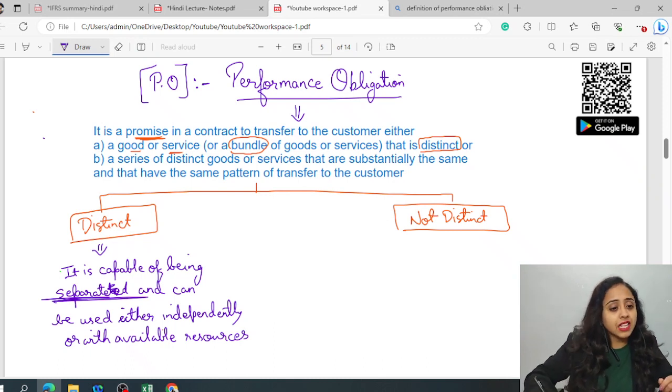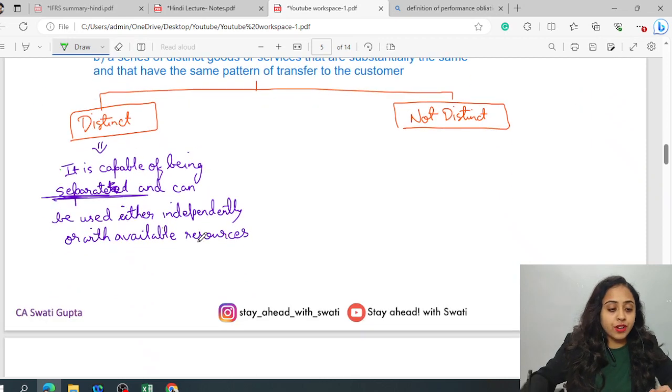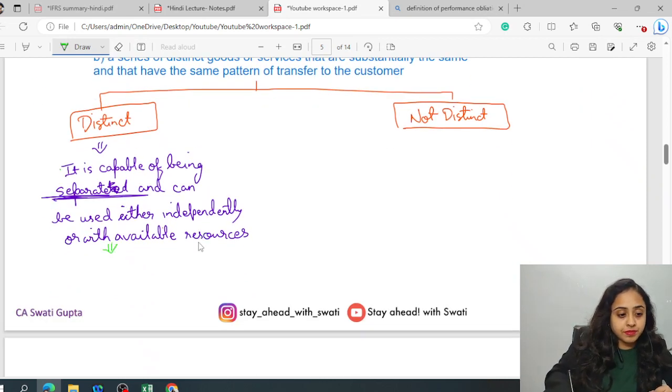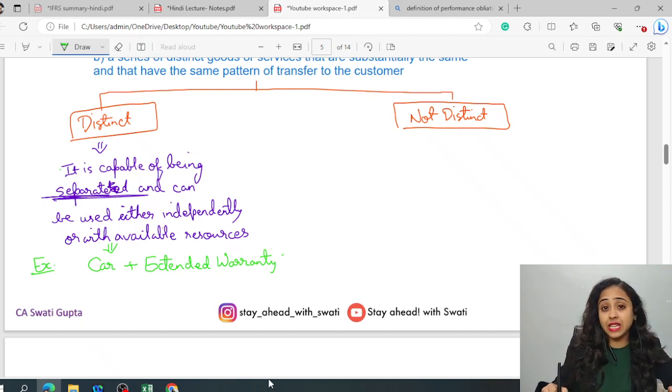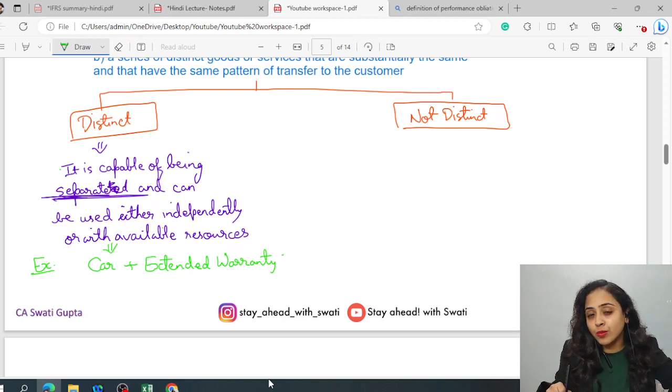For example, car plus extended warranty. Here it depends upon the buyer whether he wants to buy the extended warranty or not. But the car can be sold without the extended warranty.